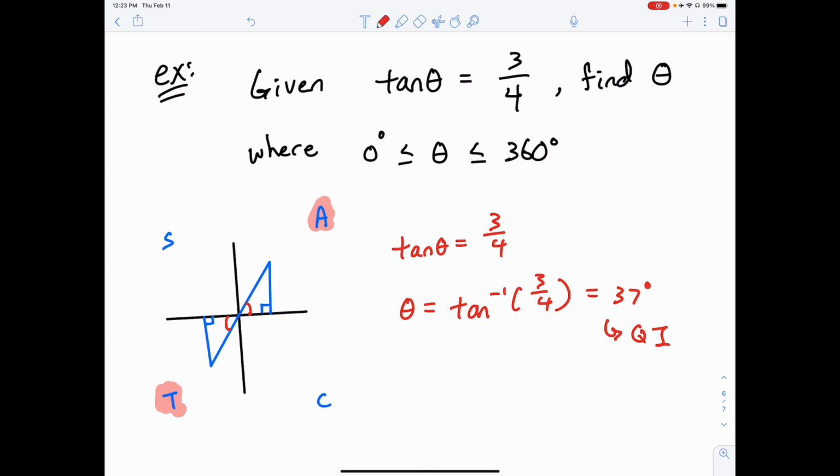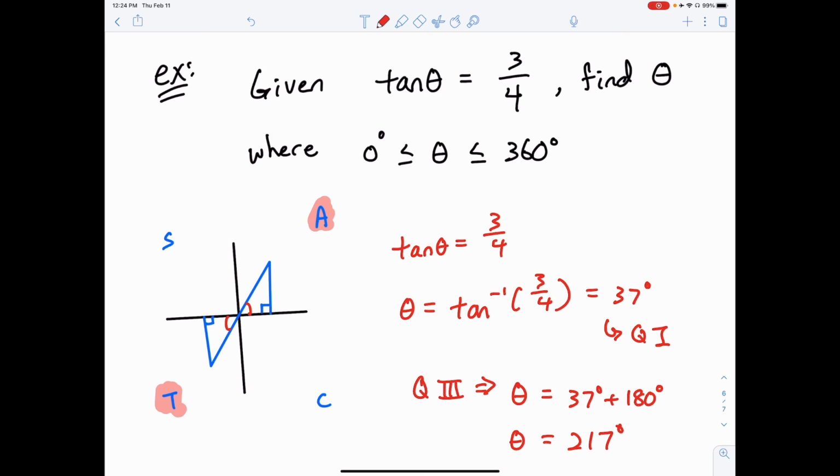We mentioned here that we can then use this angle to find it in quadrant 3. Quadrant 1 is always going to be your reference angle. So again, you can use your reference angle to find every other angle in all the other quadrants. So in quadrant 3, that means that our angle is going to be theta equaling 37 degrees plus 180 degrees, which means that theta will then give us 217 degrees as our answer in quadrant 3.